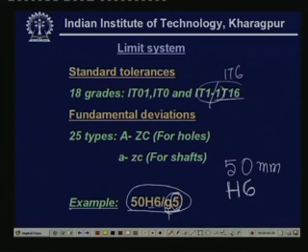So, this gives you a basic idea of how you dimension a machine element that you have designed when it is ready for manufacturing. Now, another important fact is standardization, also called interchangeability.